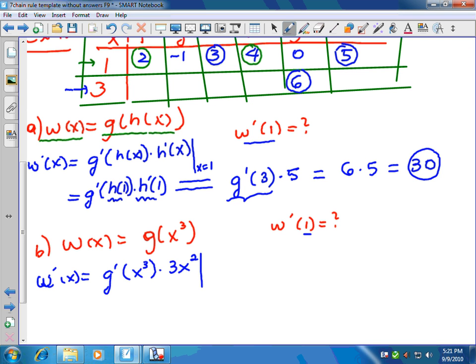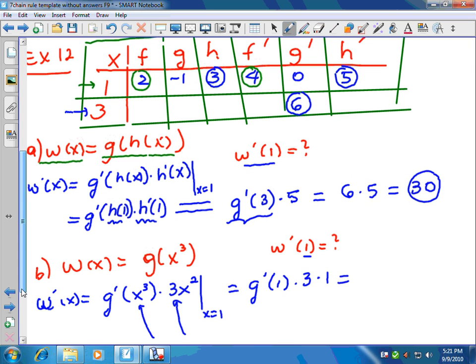Again, the question was to find w prime of 1. So we're going to evaluate this at x equals 1. So this means I need g prime of 1 to the third, which is 1, times 3 times 1 squared. So if I know what g prime of 1 is from the chart, then I'm practically done here.